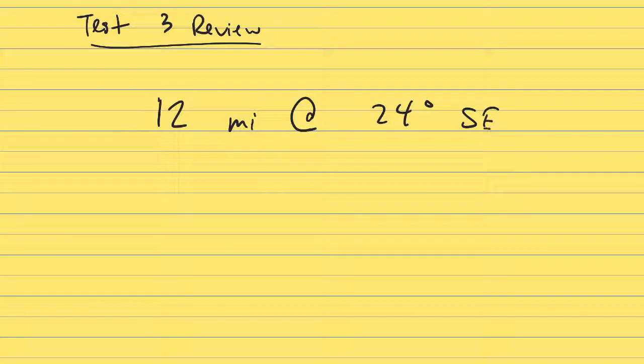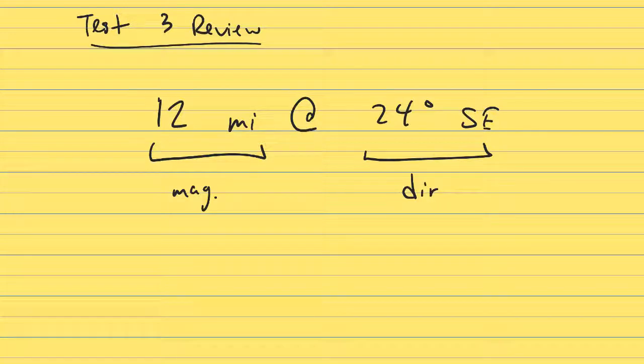Any direction changes the vector itself. The value of the vector is called the magnitude. The angle is called the direction. So I could say 12 miles at 24 degrees southeast. Here's the magnitude, and here's the direction. A vector has to have both quantities.